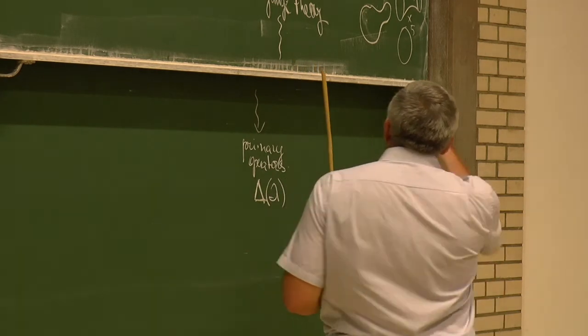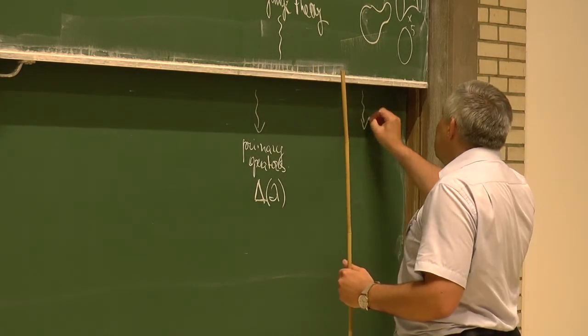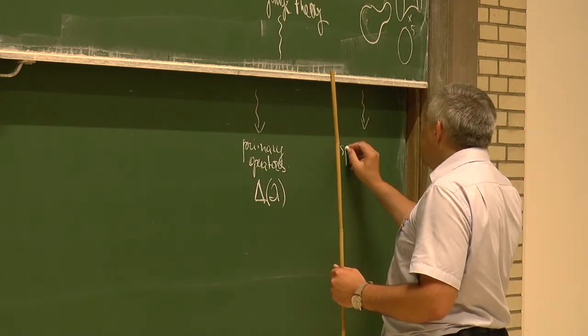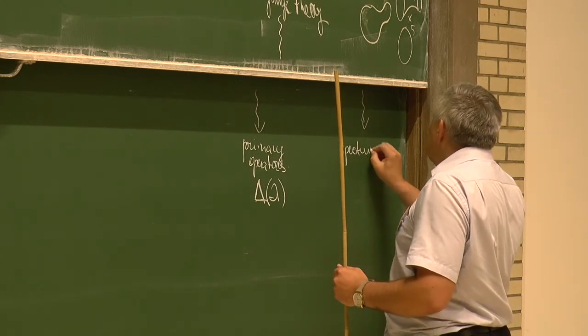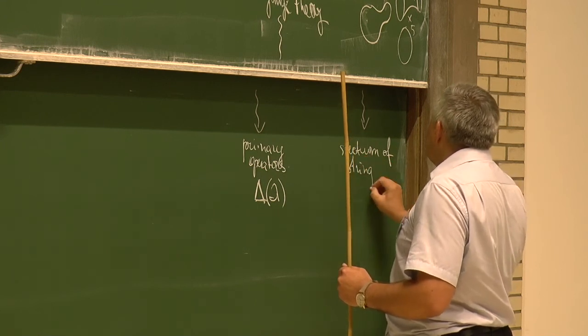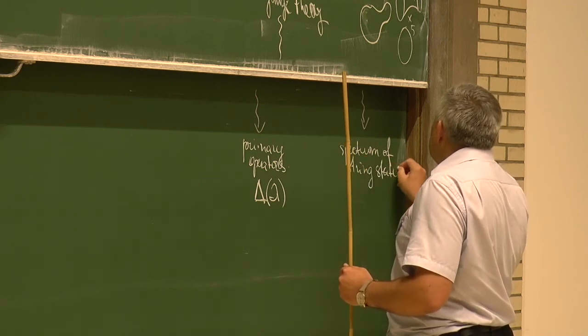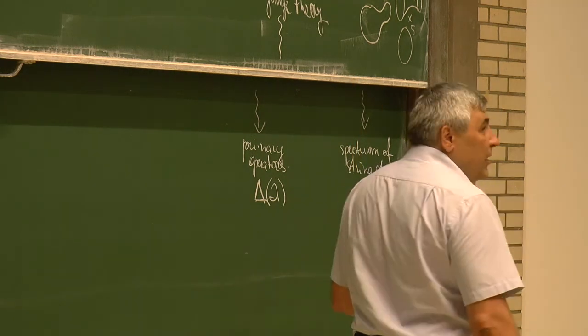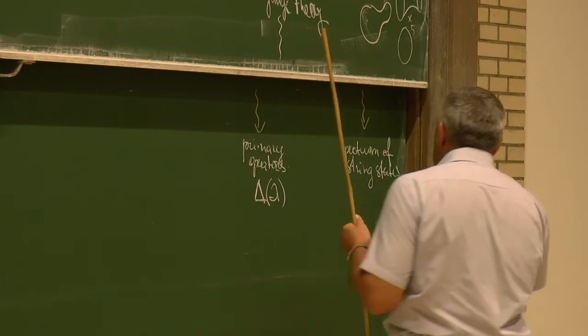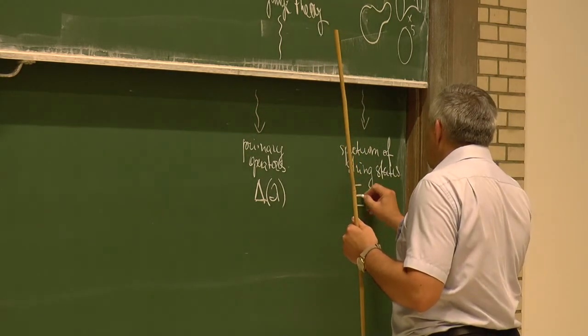On the other hand, when I consider string theory, here I have to talk about the string spectrum, or spectrum of string states. In particular, spectrum means energy levels of the string states. So there is a notion of energy.